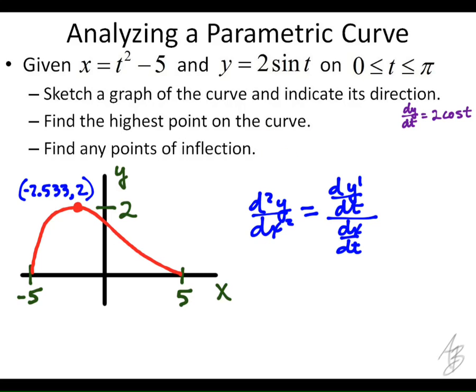We also need dx dt. And dx dt is going to be what? 2t. 2t. So then what is y prime going to be? Which is, y prime is going to be dy dx.